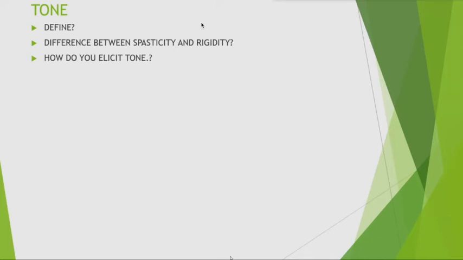Spasticity is in pyramidal lesions. Correct. Rigidity in extrapyramidal lesions. Correct. Then velocity dependence. Which one? Spasticity is velocity dependent, and rigidity velocity independent.